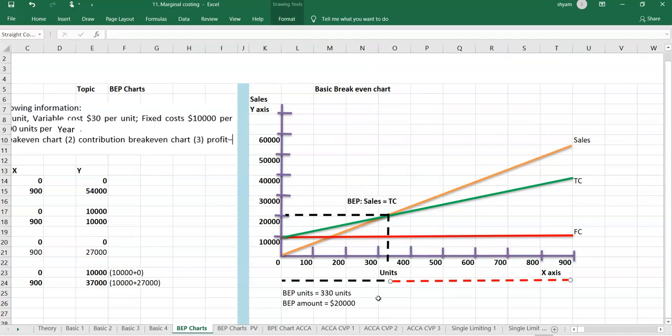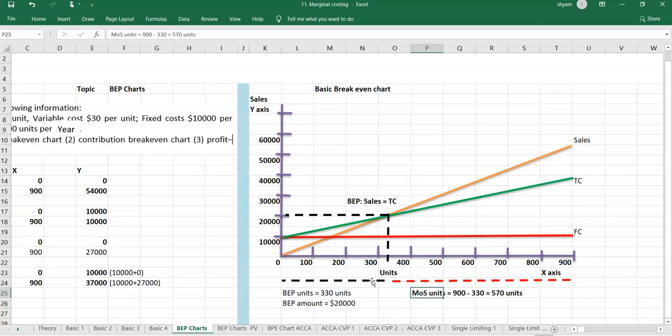So this part would be the MOS units. Okay, not sales, MOS units. So what would be the MOS units? It's around 330 here. The total is 900 minus 330, so that would be around 570. So 570 units is the MOS units.